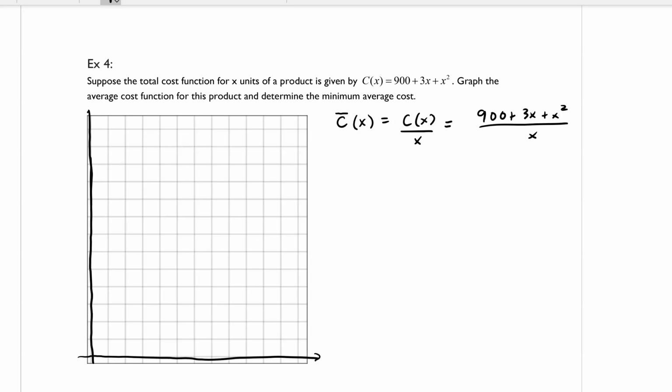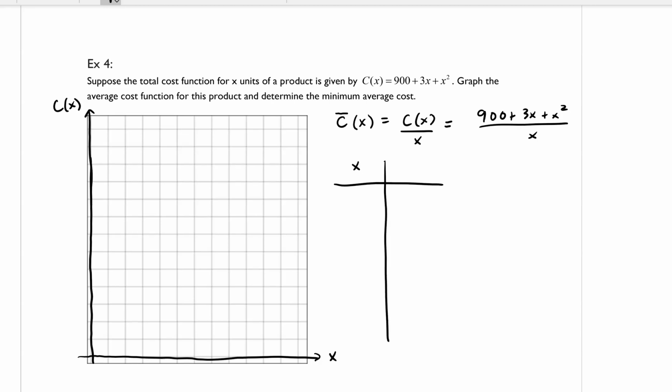So that is why I am only graphing the first quadrant on our coordinate plane.